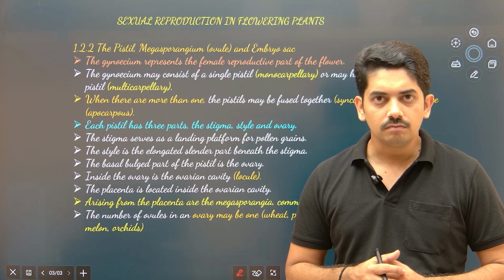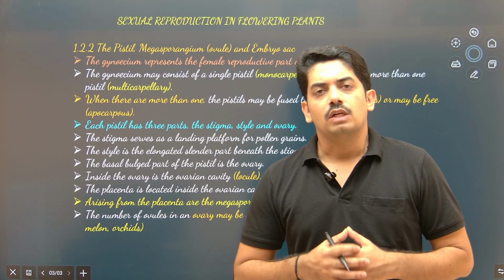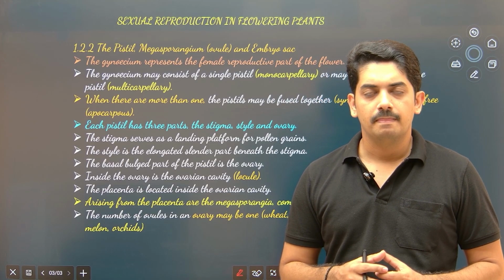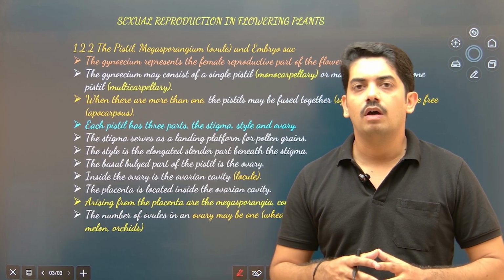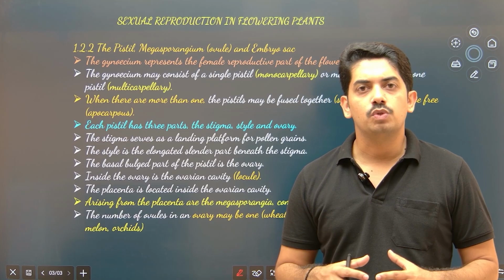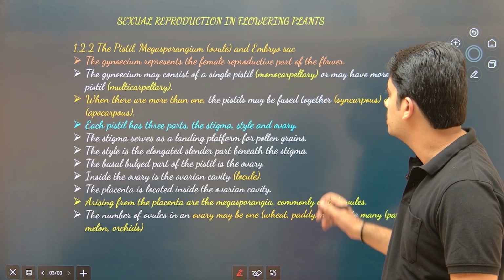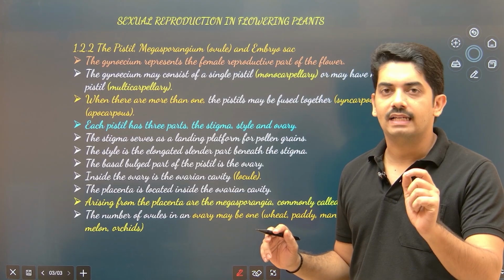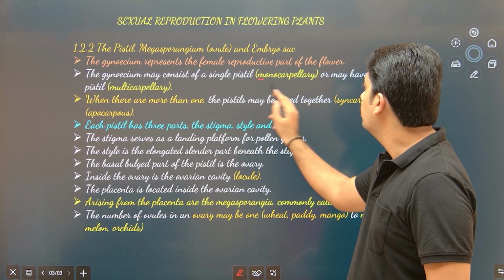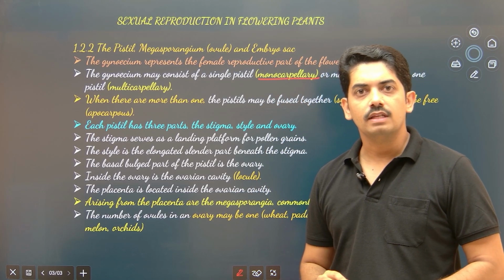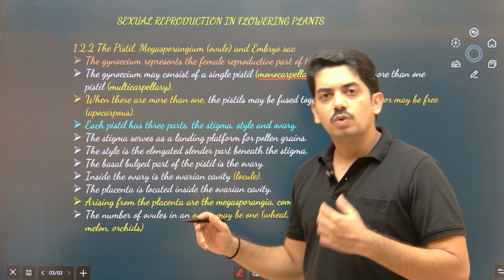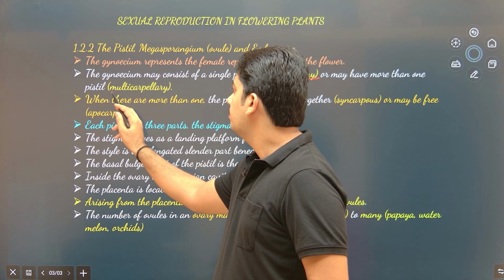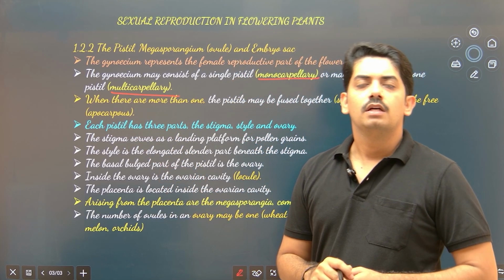Now the question comes, whether the carpels in a flower are fused or free, and if they are fused, what technical terms are used. Suppose a flower consists of only one carpel, then we use the term monocarpellary, single carpel. Suppose more than one carpel is present in a flower, then the condition is called multicarpellary.